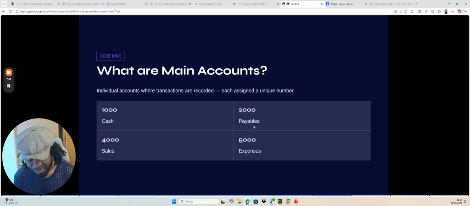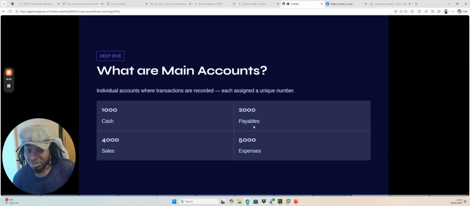You've classified your assets, your expenses, your liabilities, your incomes. Now, under the assets, you can decide to classify them by giving them numbers. You can say, for instance, all assets will range from 1,000 to 1,999.